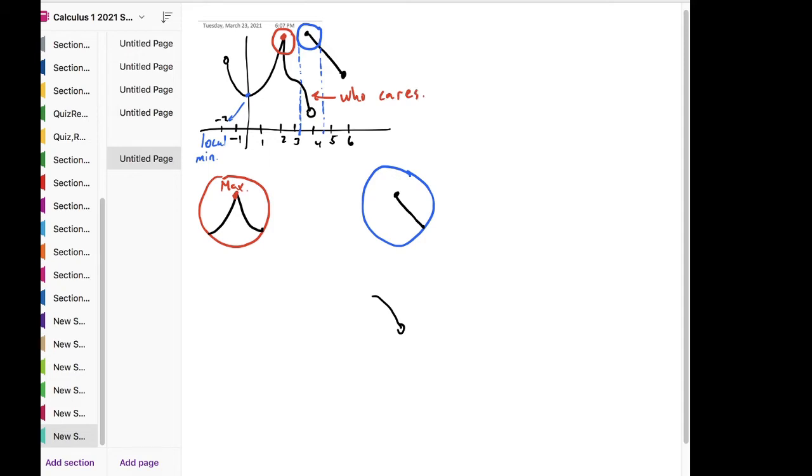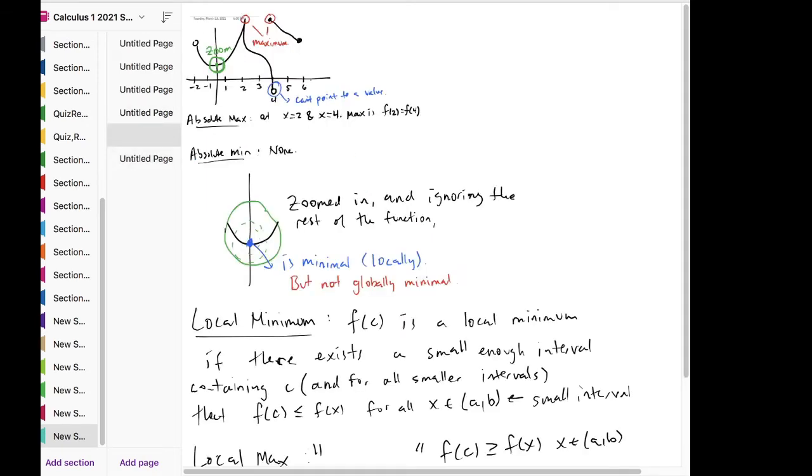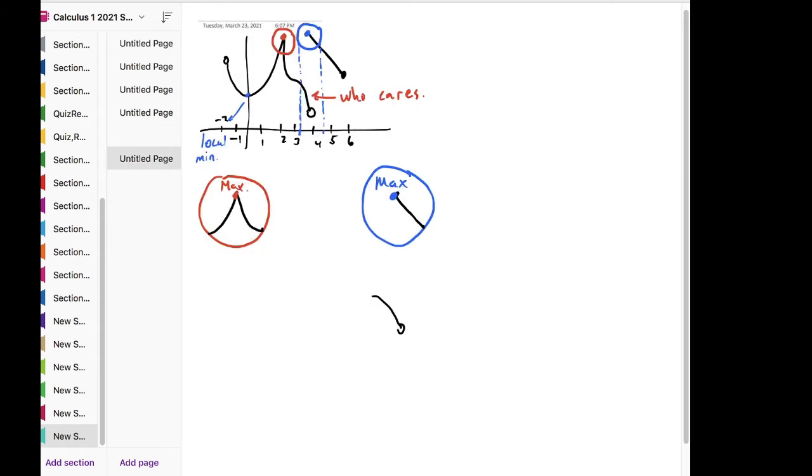Okay, anywhere else? Is there a local max or local min? So I may have drawn it differently here. What type of value is that?